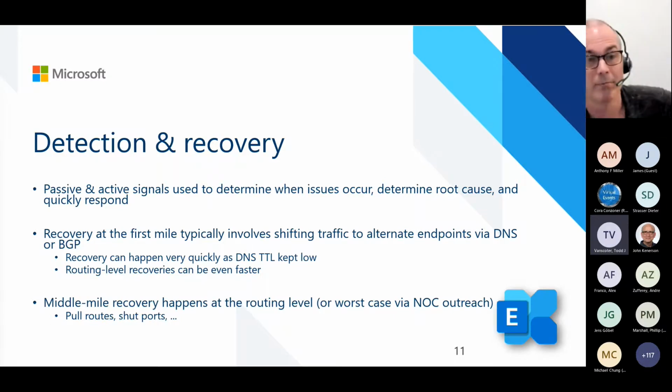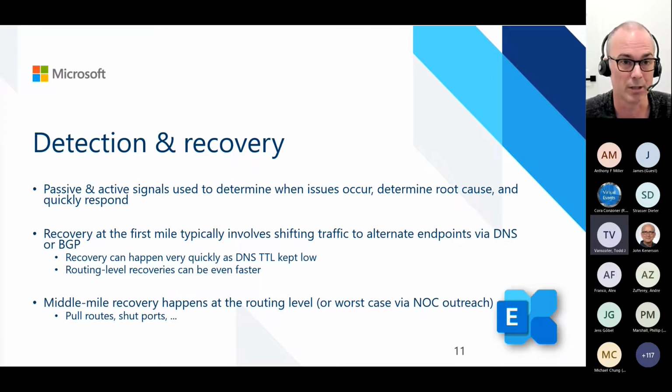In fact, we get alerted on them, and in cases where we can actually do something about it, we do. There are examples where, for ISPs that peer with us directly, we can pull routes from one of those peers, which, depending on what specifically we're trying to do from a traffic engineering perspective, can force traffic to hit Microsoft's network in a different location and try to avoid, perhaps, a hardware issue or a fiber issue.